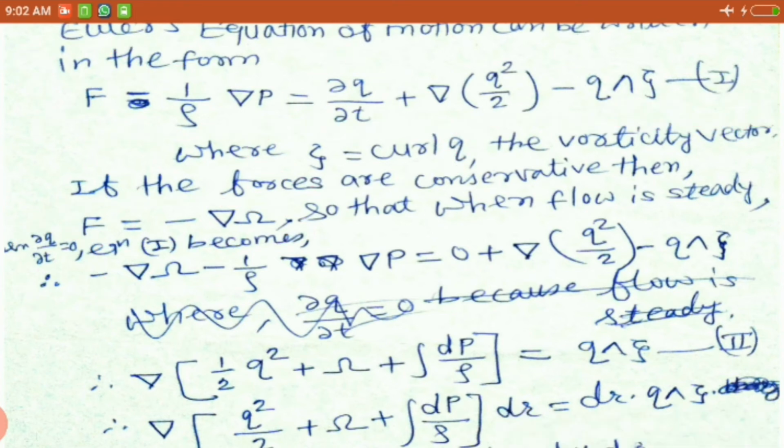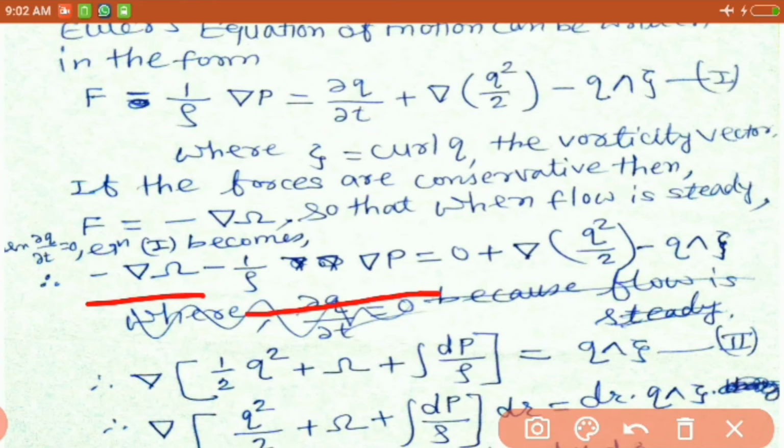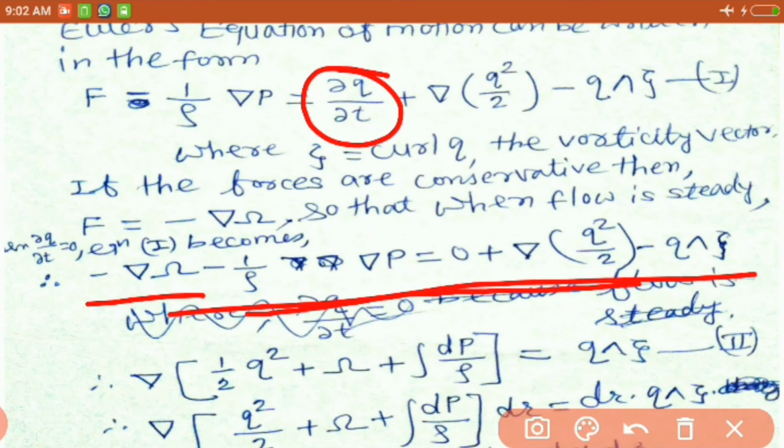In place of F, we have minus ∇Ω, 1/ρ ∇p as it is, ∂q/∂t is 0, and ∇(q²/2) minus q × ζ. So this can be written, taking ∇ as a common factor, as ∇(1/2 q² plus Ω plus the integration of dp/ρ) is equal to q × ζ.